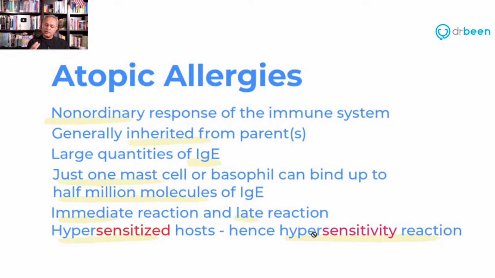So the triggering factor, the antigen, in this case the allergen, may not deserve to have such a strong reaction. And then there is a strong reaction. And our body in that process not only eliminates or tries to eliminate the allergen, it also damages our own self as well, in some cases killing us. So this kind of abnormal pathological response is called hypersensitivity.